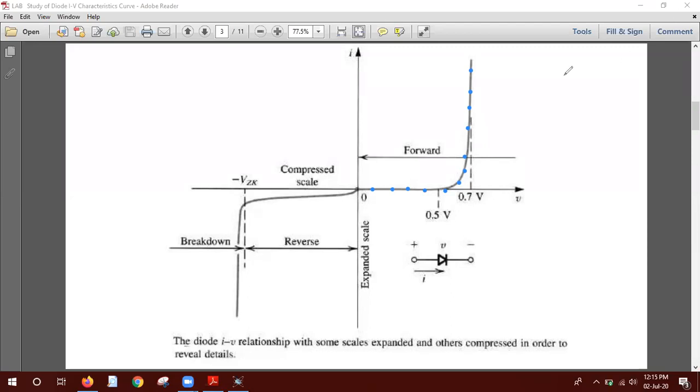Similarly in the reverse bias condition, we connect the diode in reverse and we give the voltage. We measure the current with the ammeter. But can you, my students, tell me which device we can use in place of the ammeter and voltmeter?